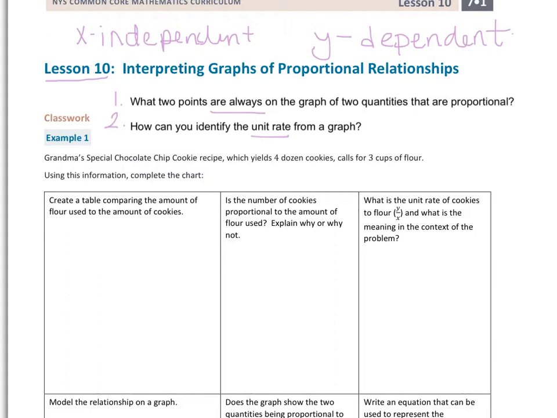Our problem here says Grandma's special chocolate chip recipe yields 4 dozen cookies and calls for 3 cups of flour. So the question we have to ask ourselves now is, what is our independent and what is our dependent event? Does cookies depend on flour, or does the amount of flour depend on how many cookies?